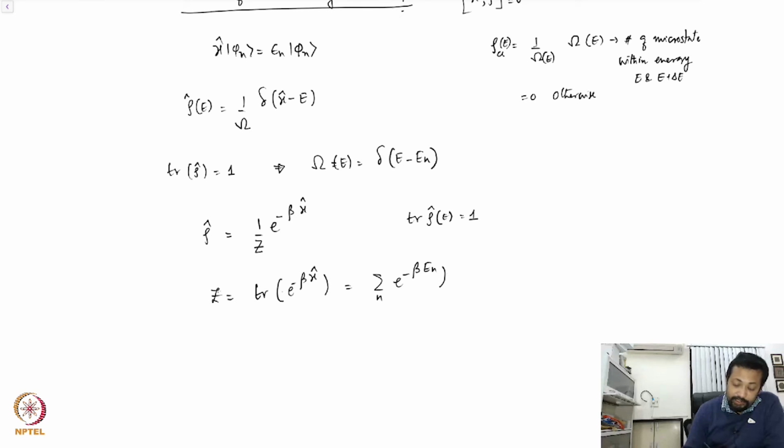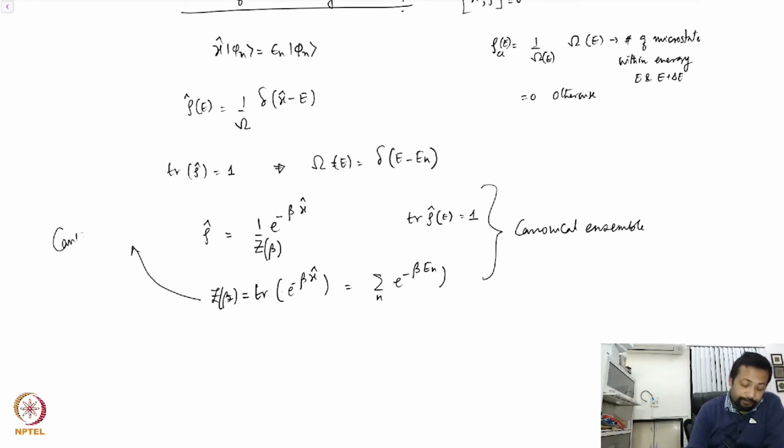So Z is clearly going to be a function of beta, right? So this is the canonical partition function in the energy representation.